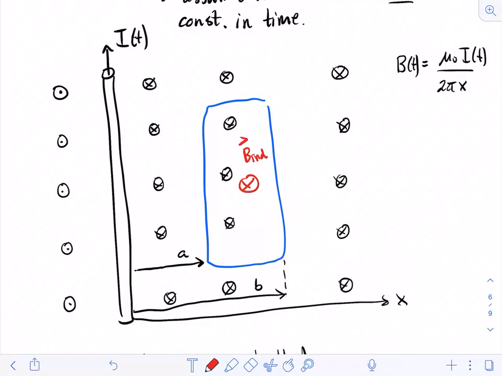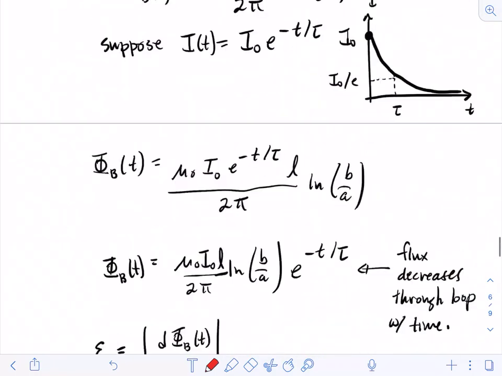We could use the right-hand rule. We put our thumb of our right hand in the direction of the induced magnetic field, and curl our fingers around, and our fingers curl in the clockwise direction, and so that means our induced current goes clockwise around our loop.